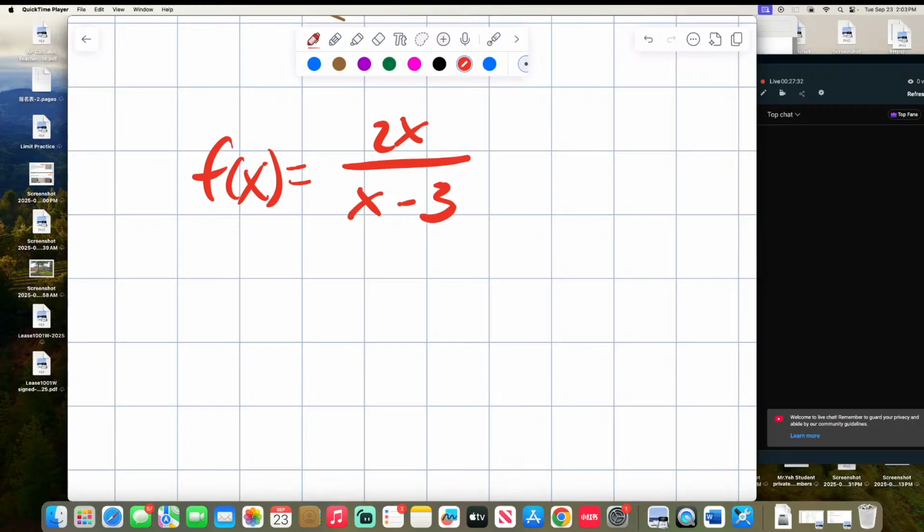5? Okay, I don't think it's right. It should be a function. And this is on the AP exam, so write it down.